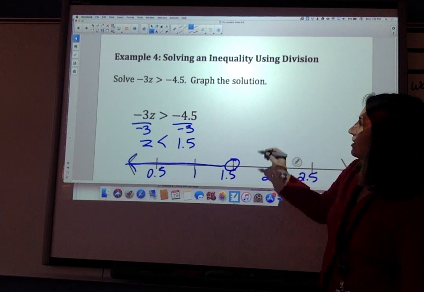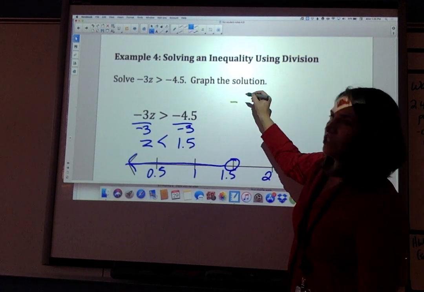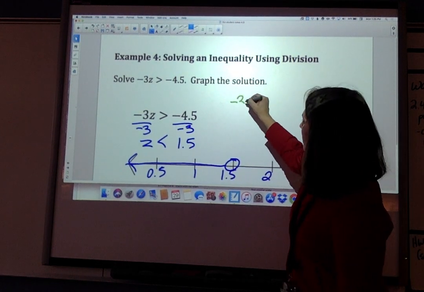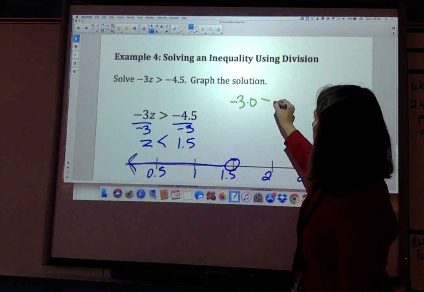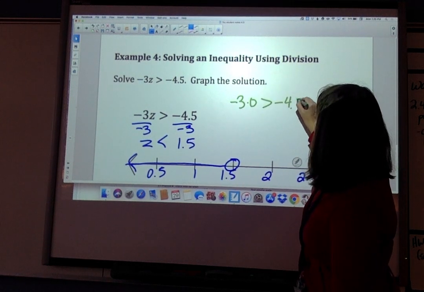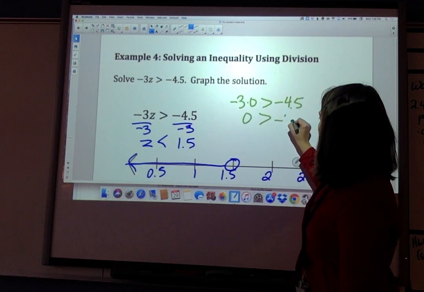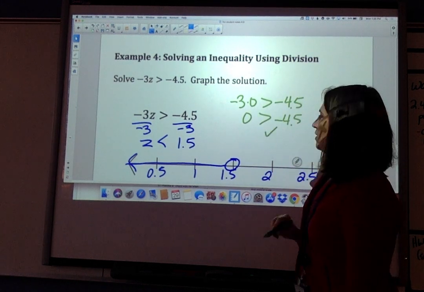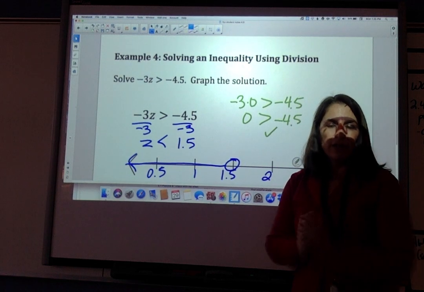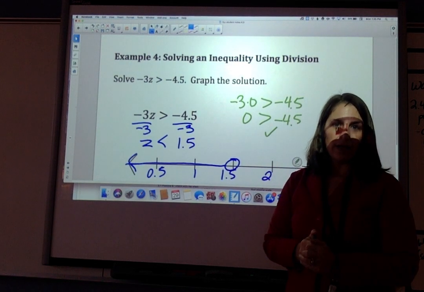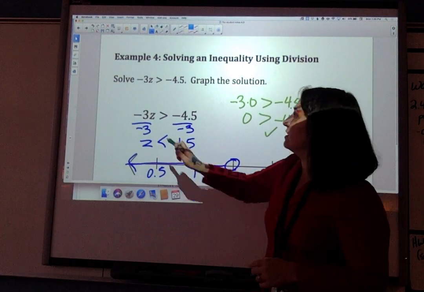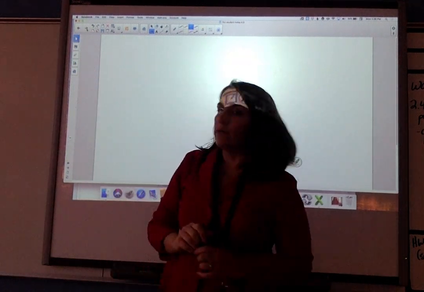So we can use 0 to check our solution to make sure we shaded the right direction. Negative 3 times 0 is greater than negative 4.5. Negative 3 times 0 is 0, and that is greater than negative 4.5. So we have shaded the right direction and solved this inequality. So go ahead and practice a few of these on your own, and I will see you soon.